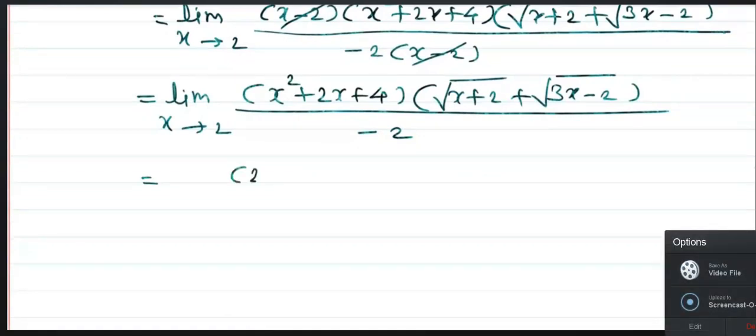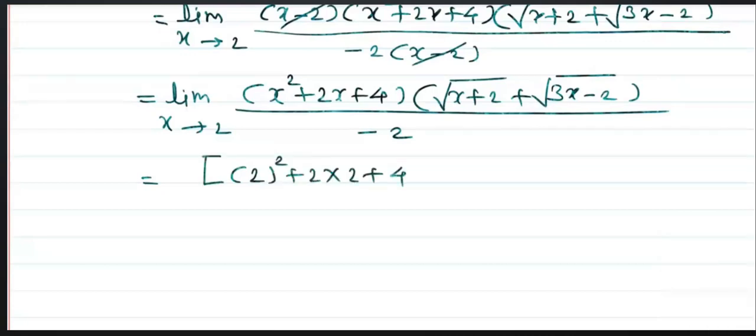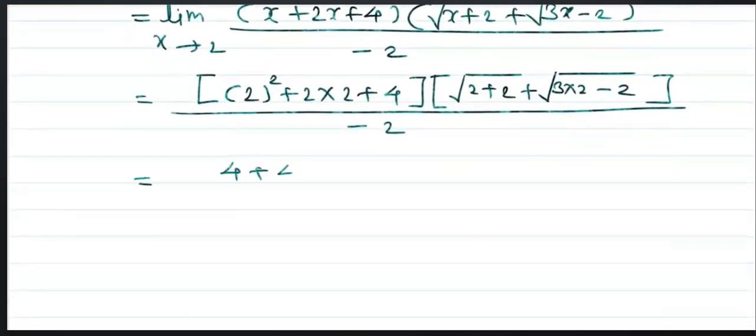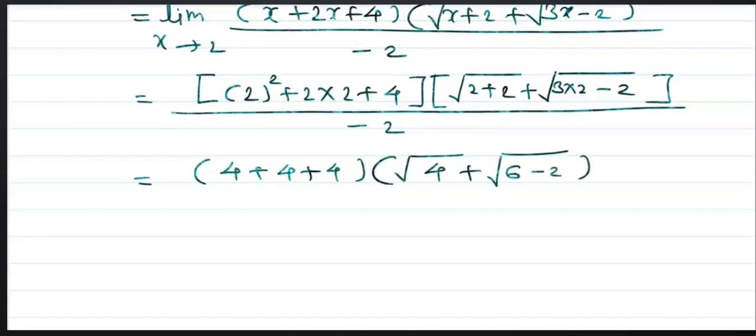Now take the limit, that is replace x by 2. That is 2 square plus 2 into 2 plus 4, root of 2 plus 2 plus root of 3 into 2 minus 2, upon minus 2. Therefore 4 plus 4 plus 4.